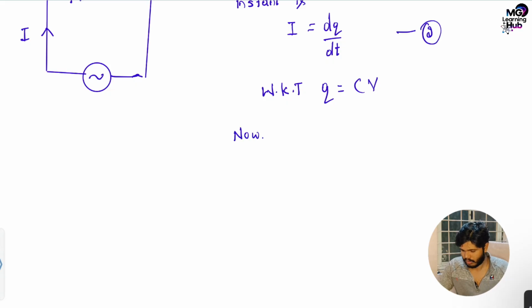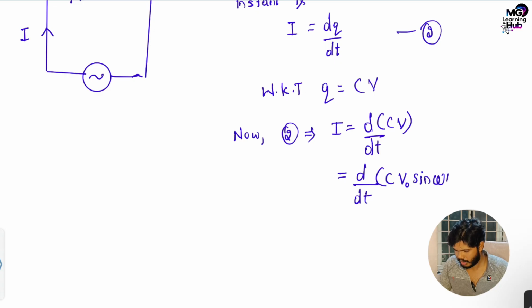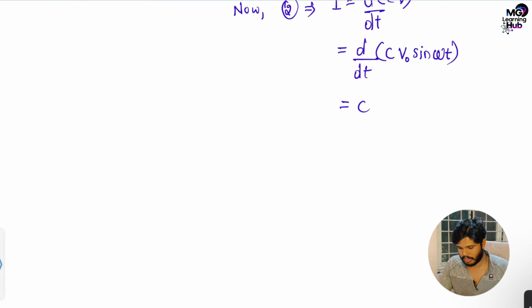Now equation 2 becomes, I will be equal to d by dt of C into V. Now this will be d by dt. What is V? V naught sine omega t. Now C is constant, we will keep it outside, and V naught is also constant, we will keep it outside.